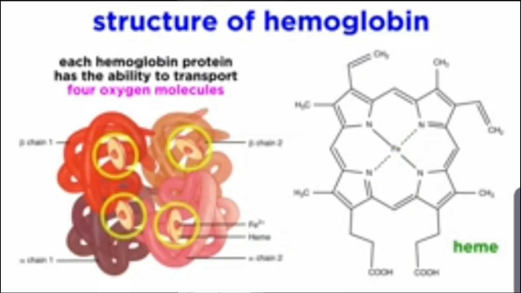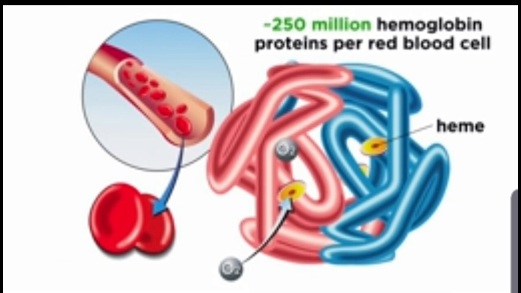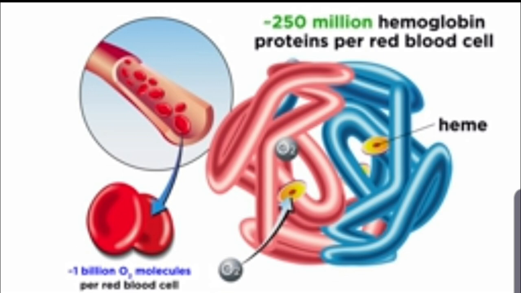So each hemoglobin can bind 4 oxygen molecules, and there are around 250 million hemoglobins per red blood cell. So one red blood cell can transport 1 billion oxygen molecules.